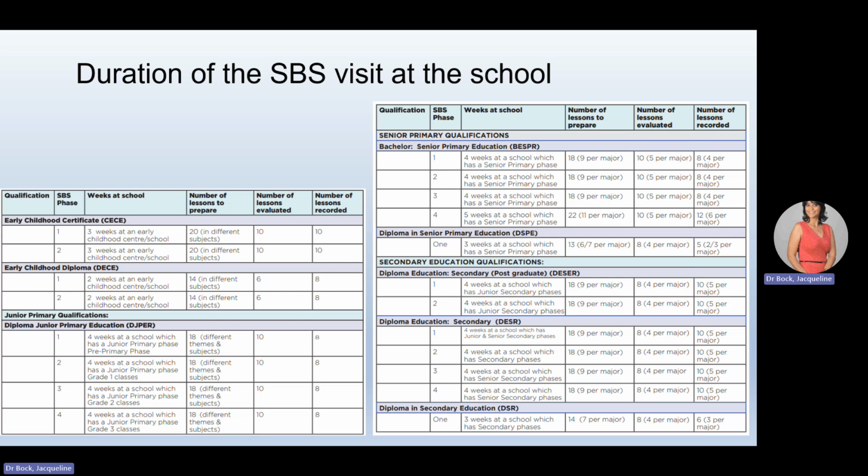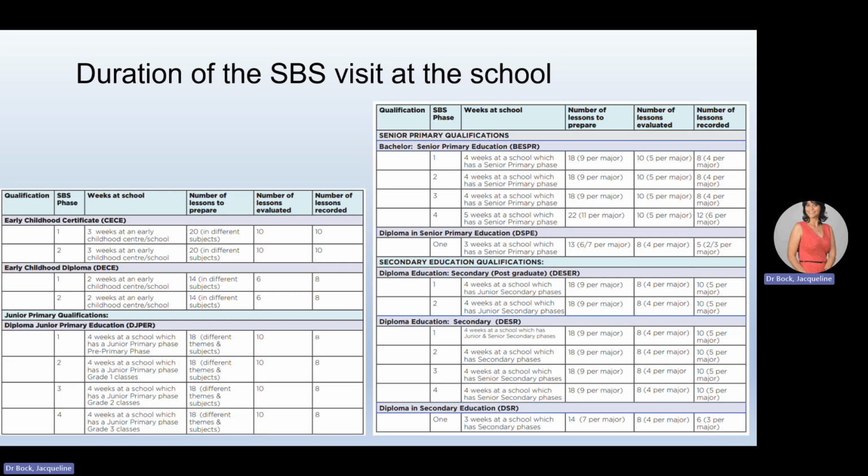You need to check here for the type of qualification that you are registered for. Then you will be guided in terms of what you have registered for.